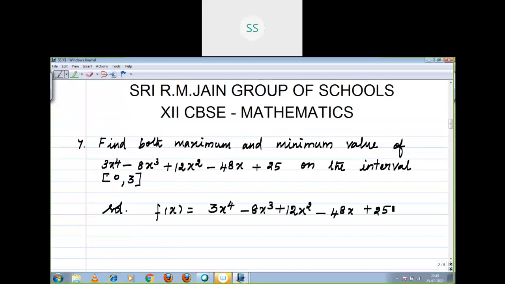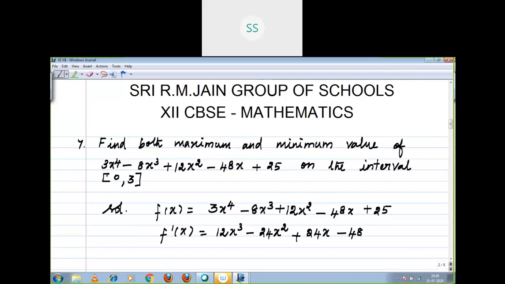You have to differentiate. First step, you want to do the differentiation. Now, f'(x) = 12x³ - 24x² + 24x - 48.